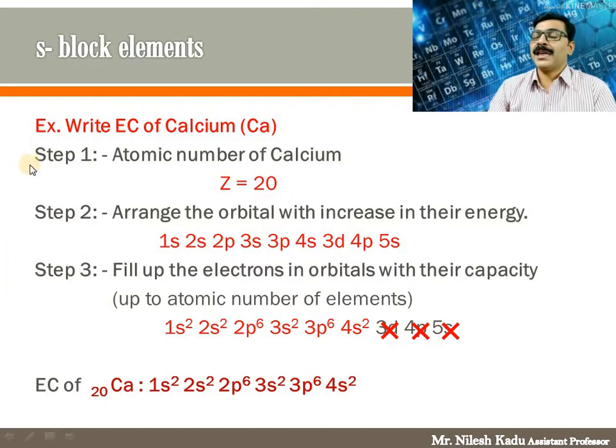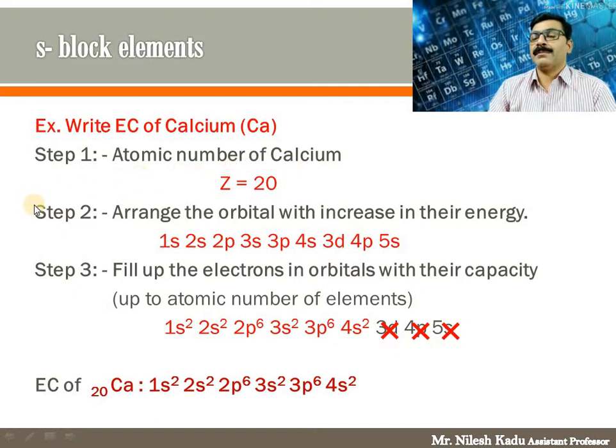And the first step is very important. You have to write the atomic number of calcium, and the atomic number of calcium is 20. Means in the first step, you have to remember the atomic number of the element.